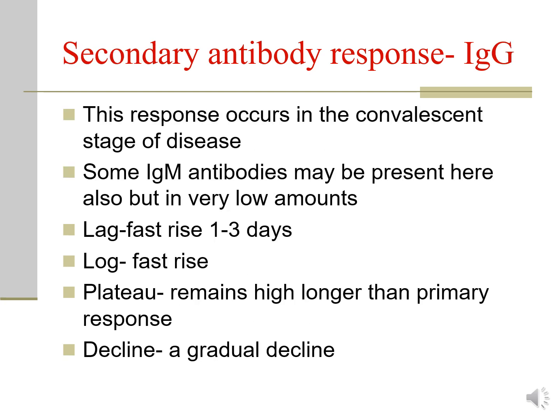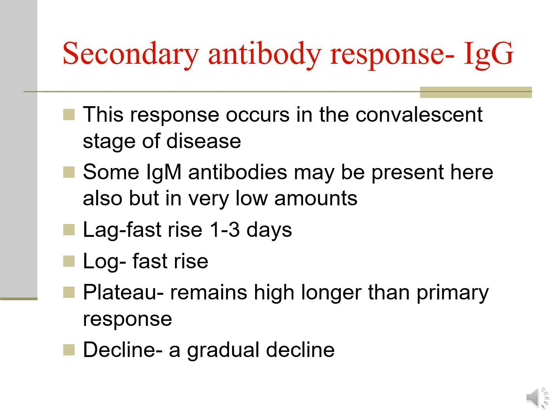In a secondary antibody response, T memory cells stimulate antibody production, and this is mediated by IgG antibody. This response occurs in the convalescent stage of the disease. So there are some IgM antibodies present in the serum, but only in very low amounts. The primary antibody that you're going to see in the recovery stage is IgG.